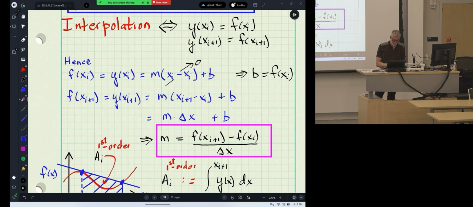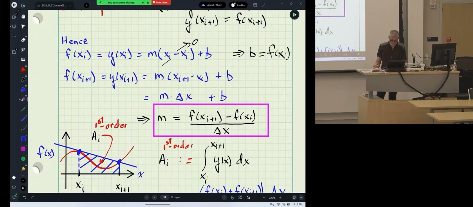And then when I match the other endpoint, see, I'm trying to find the values of m and b to interpolate. Xi plus 1 minus xi is delta x, and you get a simple formula for the slope: f of xi plus 1 minus f of xi, over delta x, rise over run, okay, for the slope.